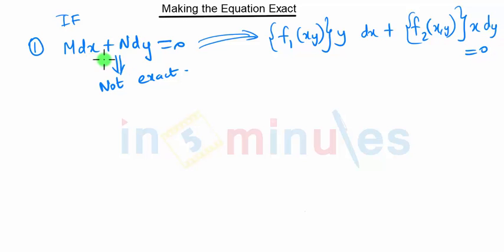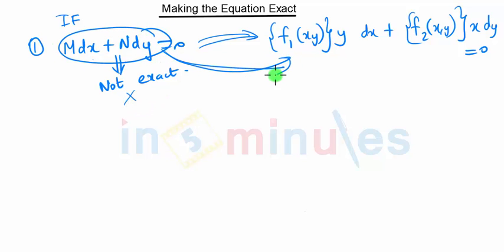If M dx plus N dy equal to 0 is not exact, and if we can represent this equation in this form, then the integrating factor is 1 upon (M into x minus N into y). So this is one of the subtypes of finding an integrating factor.